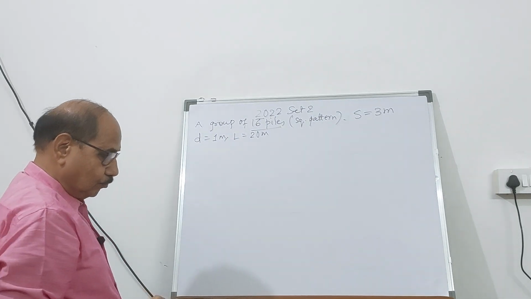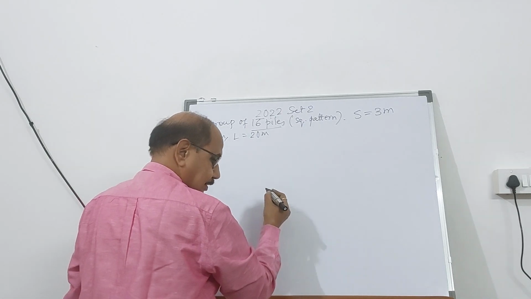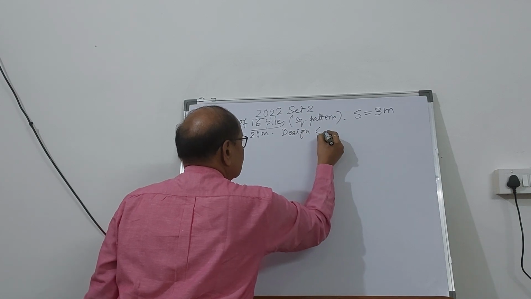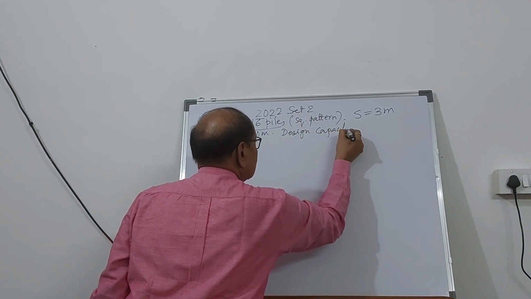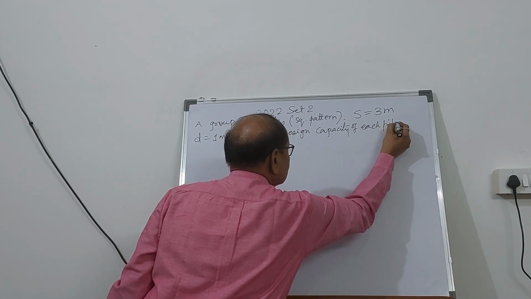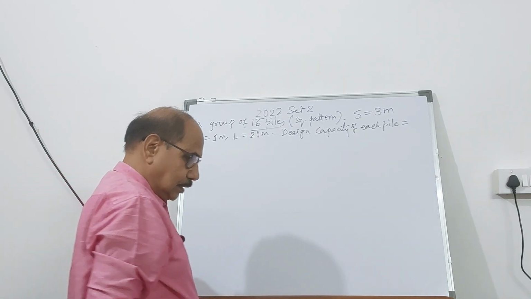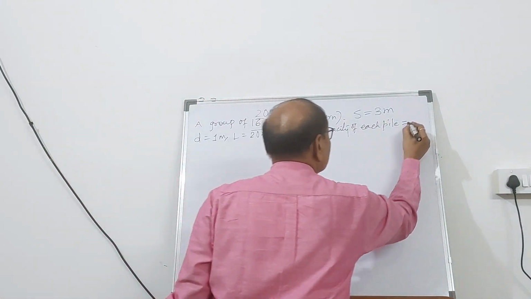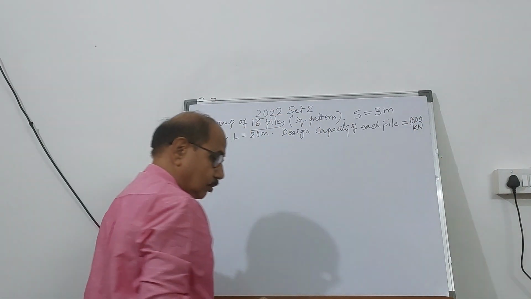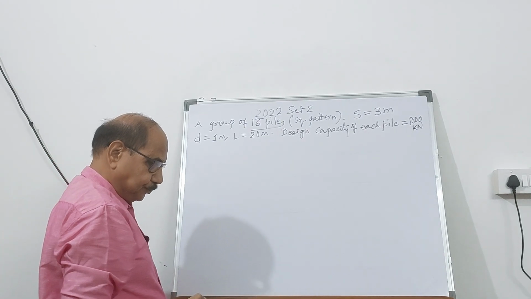This is given. Design capacity of each pile is given as 1000 kilonewton. So that's also given to you.